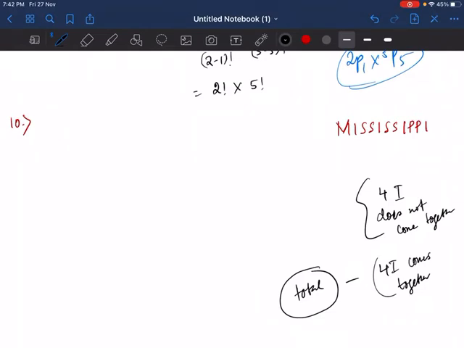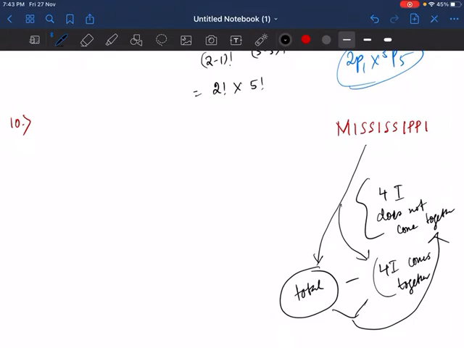So basically we have changed the approach of the problem. First we will find the total number of ways we can arrange all the letters of Mississippi. Then from that we will subtract the number of ways in which the 4 I's come together. And at the end that will give us the 4 I's do not come together.